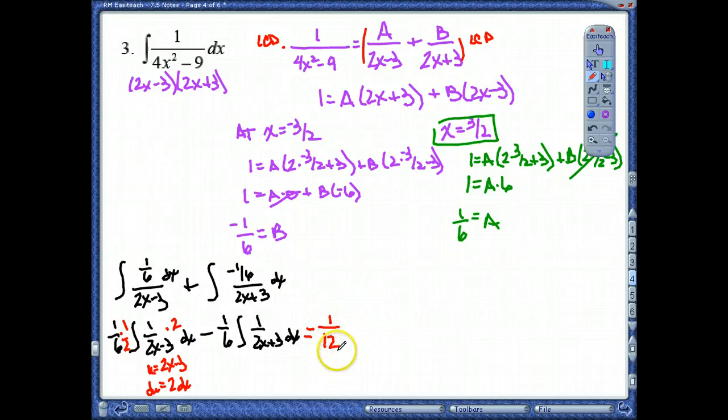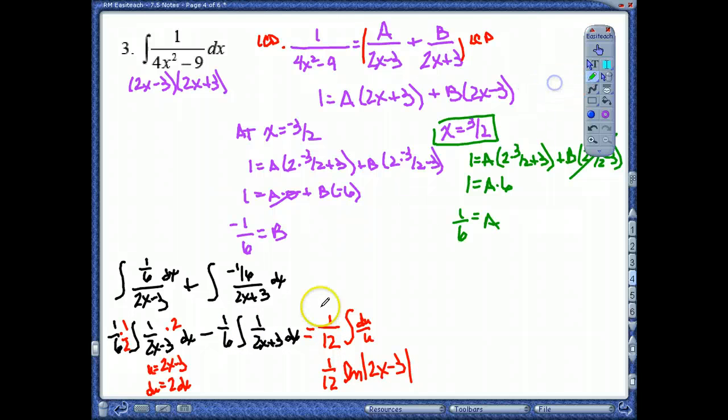and then the integral of, let me write it over here. Oh, mercy. Let me just rewrite. So I'm going to have du over u. So when I integrate that, I'm going to have 1/12 natural log of the absolute value of 2x minus 3. So I'm going to have that same thing happen here.